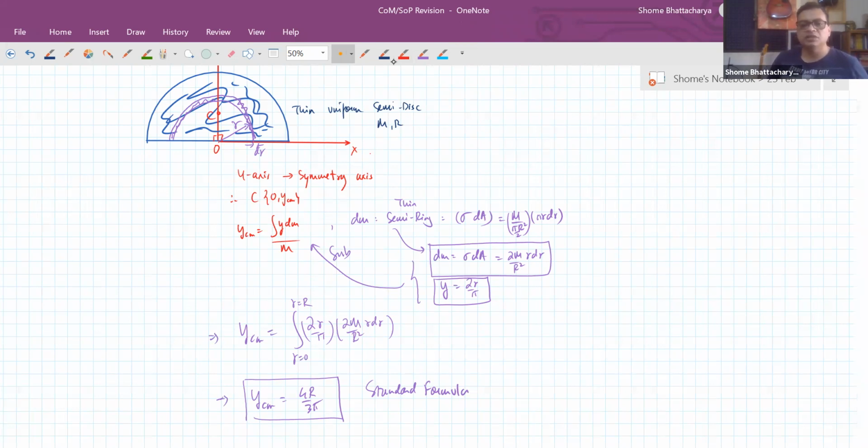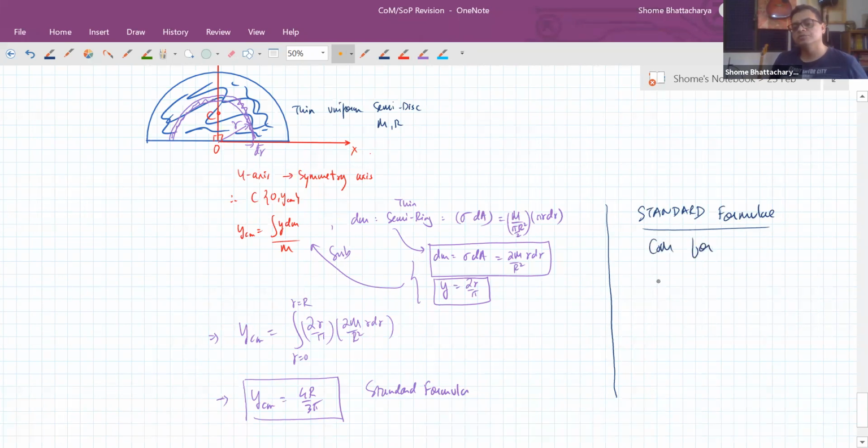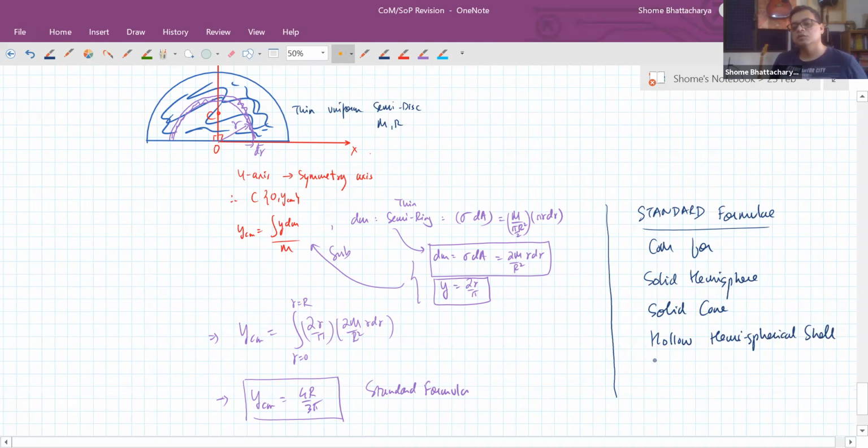And like this, some of the other standard formulae to know is that center of mass for a solid hemisphere, a solid cone, a hollow hemispherical shell, and a hollow conical shell.